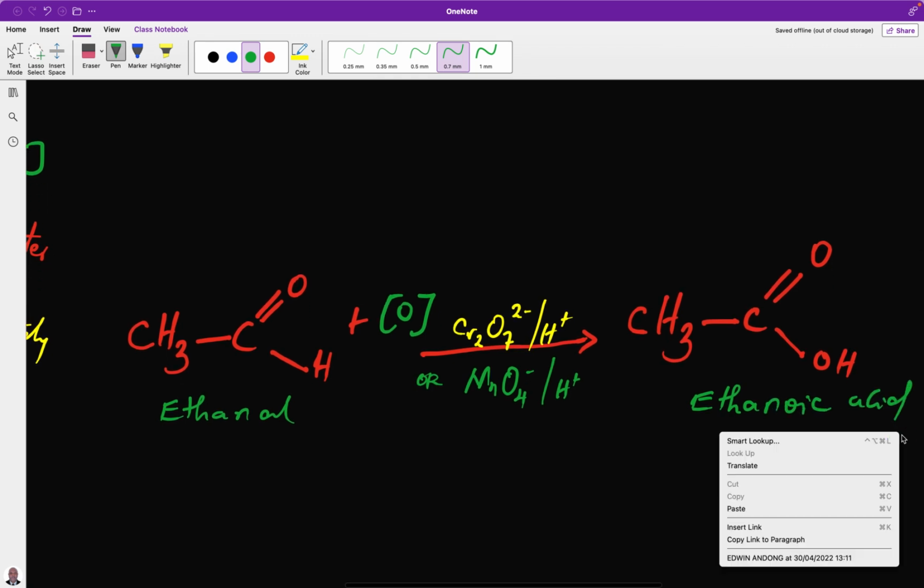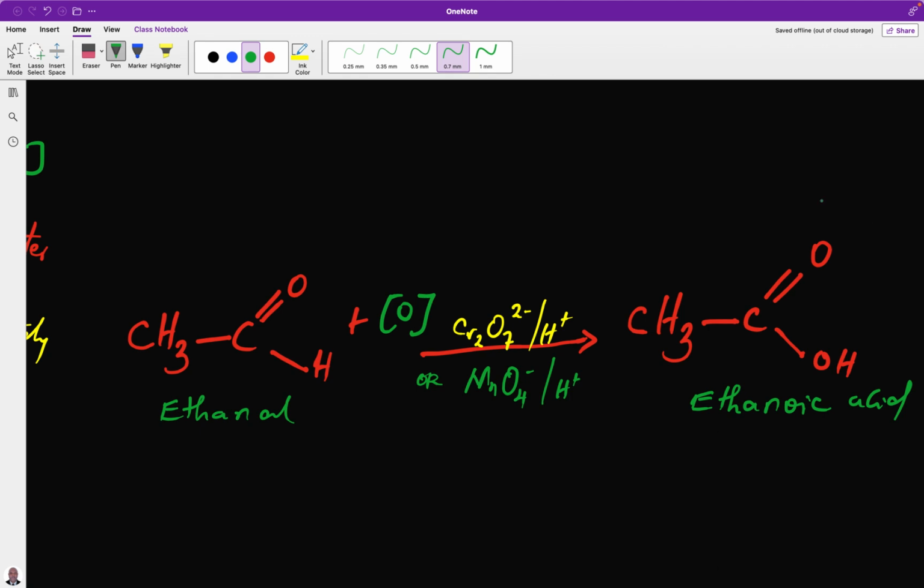So, as I said, if the product formed is not distilled off immediately, if ethanal is not removed immediately, there is going to be a further oxidation that will end up in ethanoic acid.